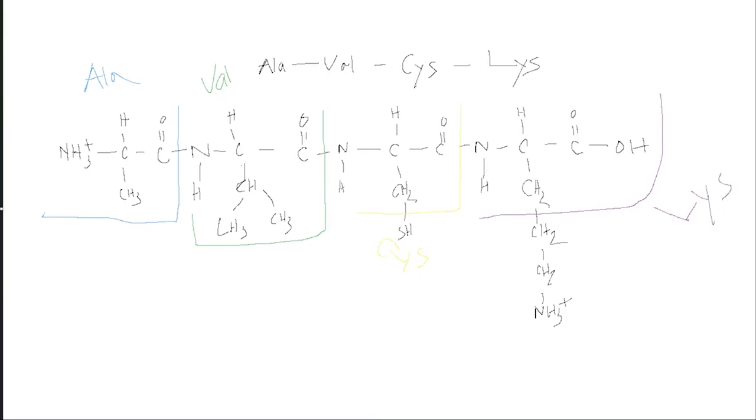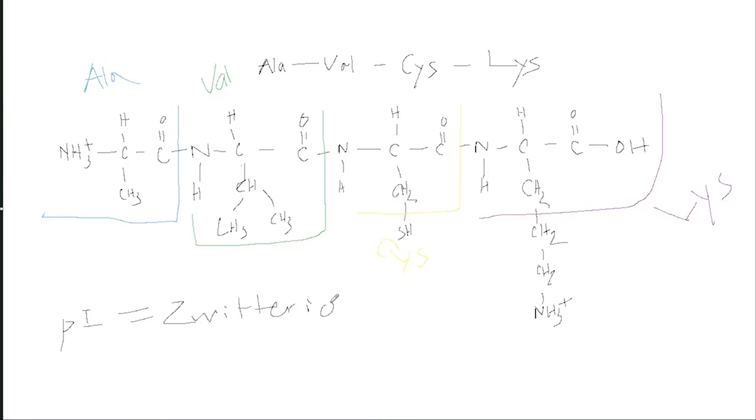All right, so how do we figure out the isoelectric point of this peptide? So for a peptide, the basic principle is the same. For a pI, we must have the zwitterion.